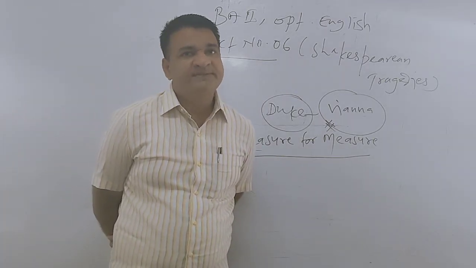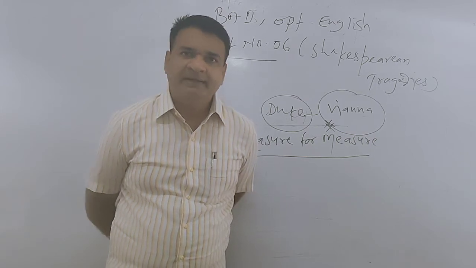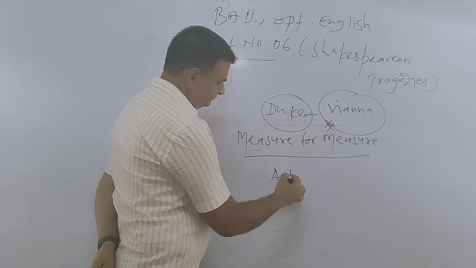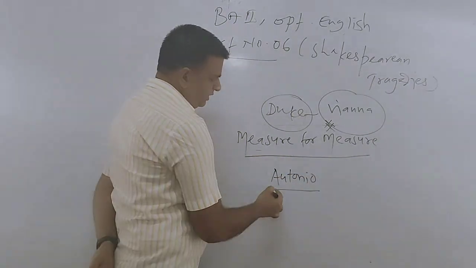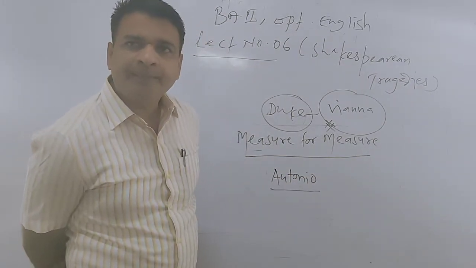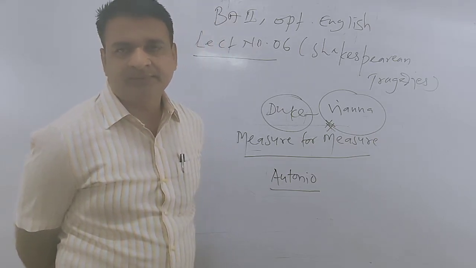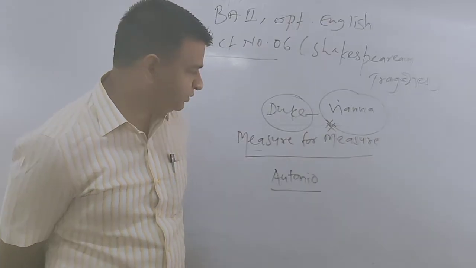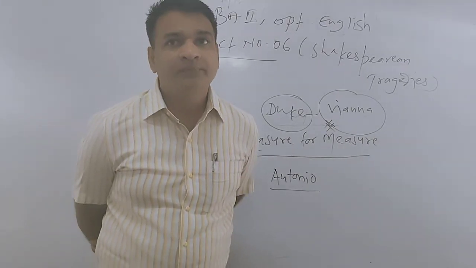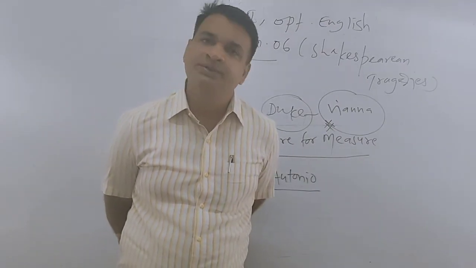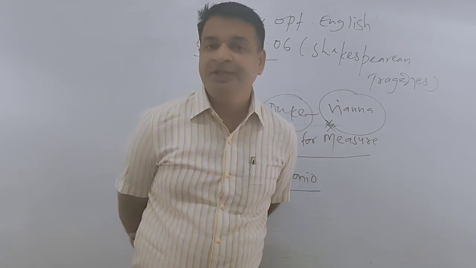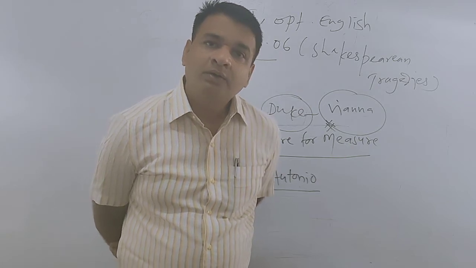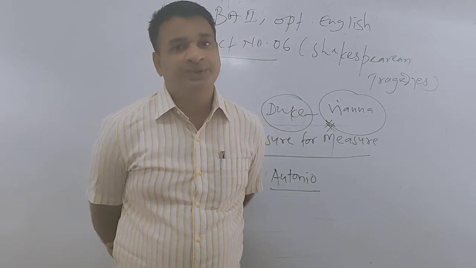The people in his kingdom in general, and Antonio his deputy in particular, say to the Duke that you are failing to bring harmony in the city or in the kingdom, because the people are not behaving well in our kingdom.